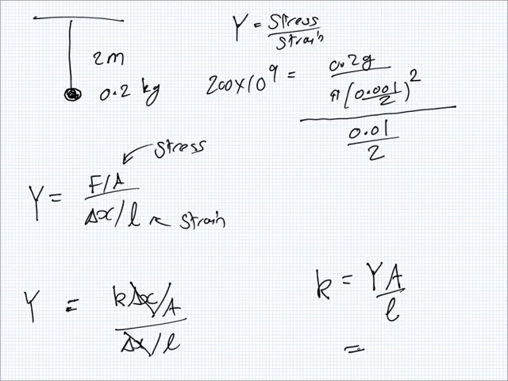Okay, let's calculate. 2 meters. 7,853. K equals.